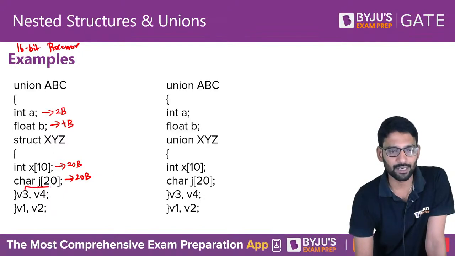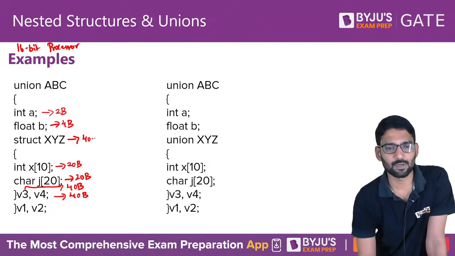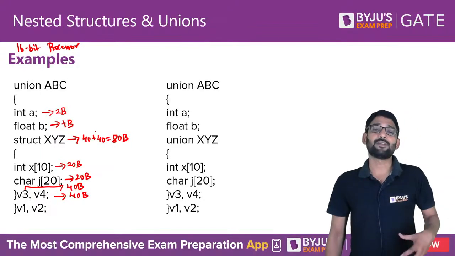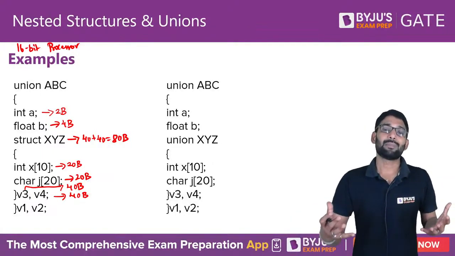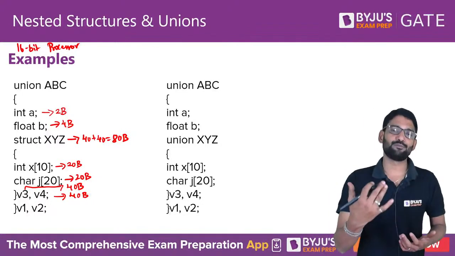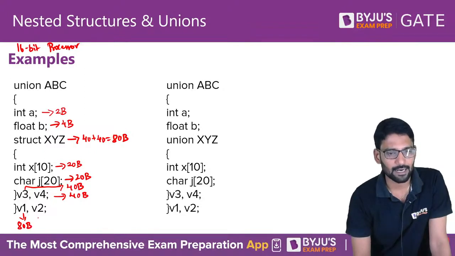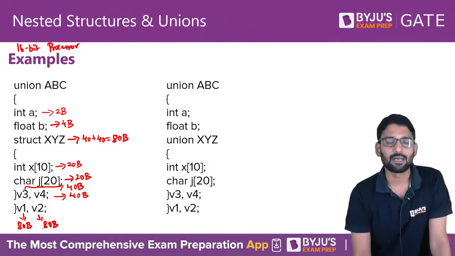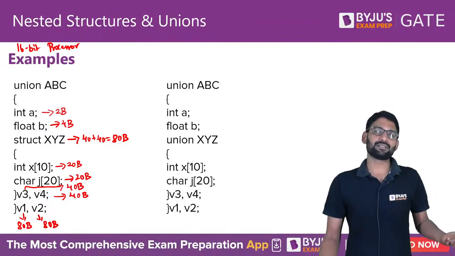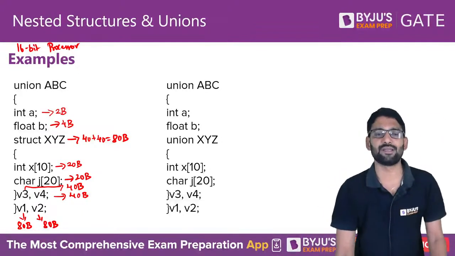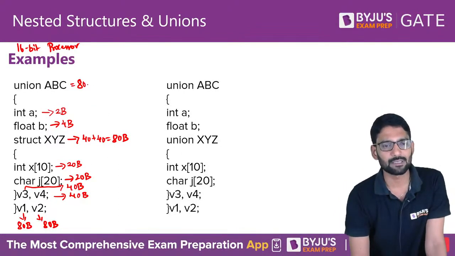So for V3 20 plus 20, 40 bytes, for V4 40 bytes, and for XYZ, that is 40 plus 40, 80 bytes. Now V1 is a variable of union. So max of its members size, max of 2 comma 4 comma 80, 80. Hence V1 size would be 80 bytes and V2 size would be 80 bytes. And what would be ABC size? Total union size is sum of its variable size, that is 80 plus 80, 160 bytes.